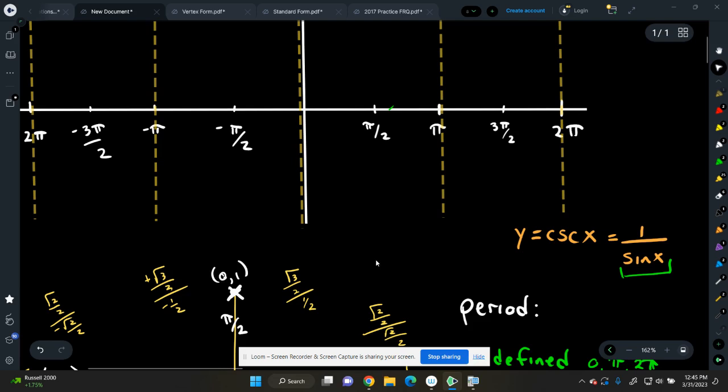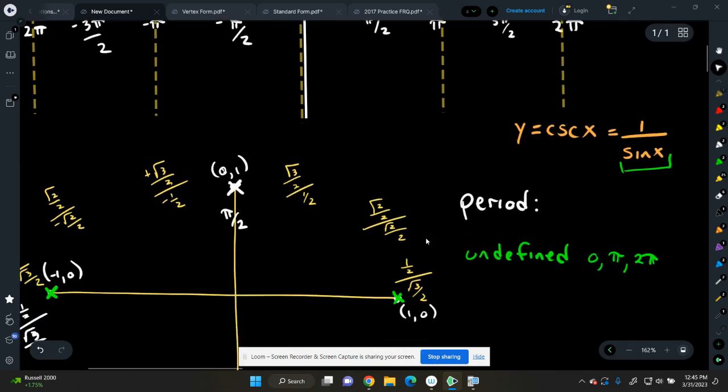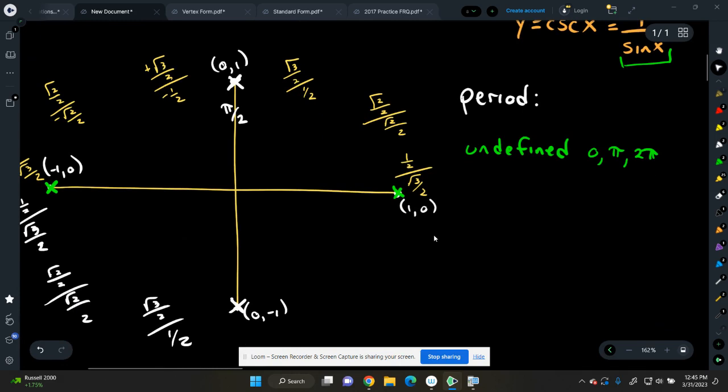All right, so we've got cosecant is undefined, right? So what do you think the period of cosecant is? Pi over 2? Why is that? So what's the period of sine? Oh, I see why you think it's pi over 2. Okay.